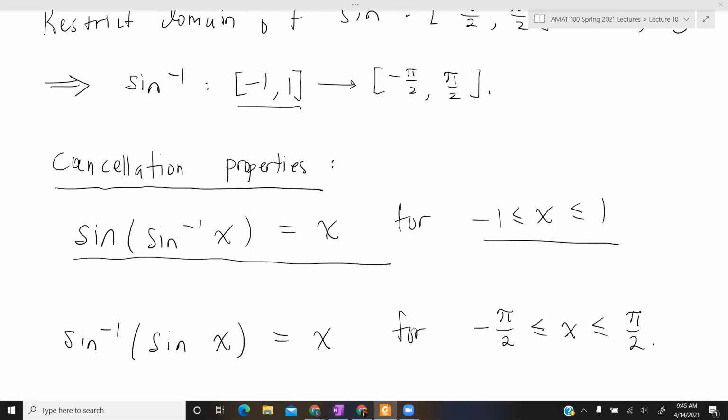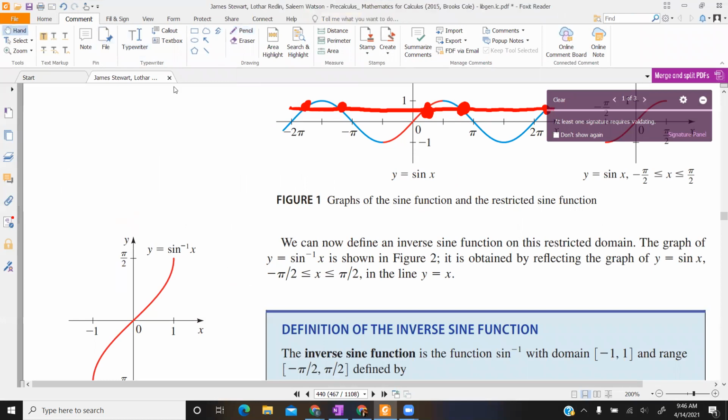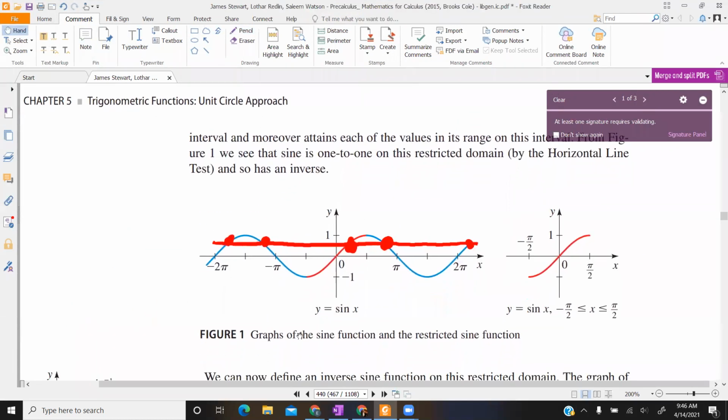So let's look at the graph again. The graph of the inverse function is basically you take the graph of the function and reflect it about the diagonal line. So we're thinking about sine x restricted to negative pi over 2 to pi over 2. That's what the plot looks like.